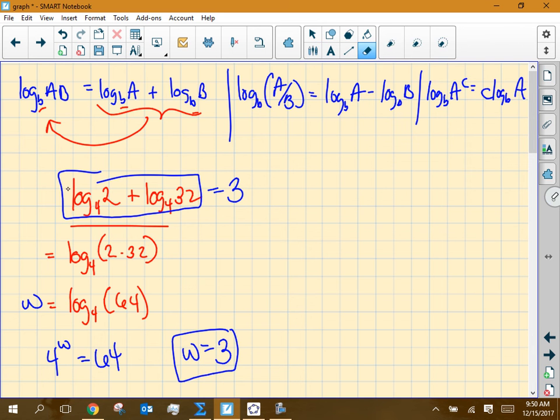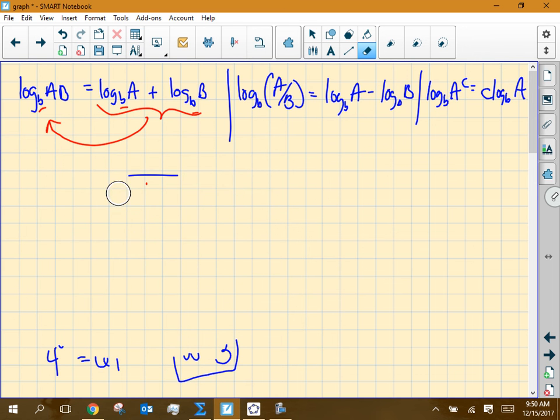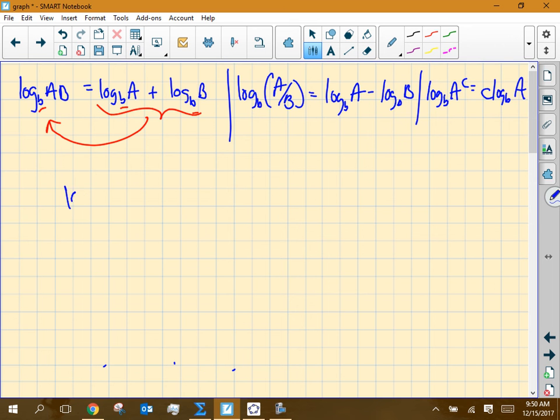But usually, in WebAssign in your homeworks, there'll be a couple where they're purely numerical like that. But there's going to then be some like this, where we've got log base 2 of maybe 6x. Okay? Now we're starting on this side. It's a product, right? And they're going to ask you, can you just rewrite it in expanded form?